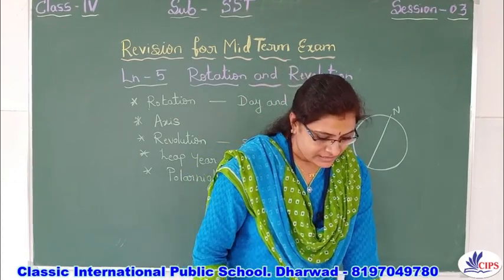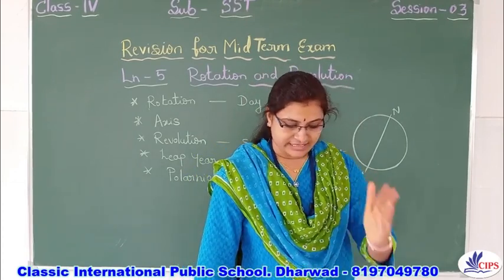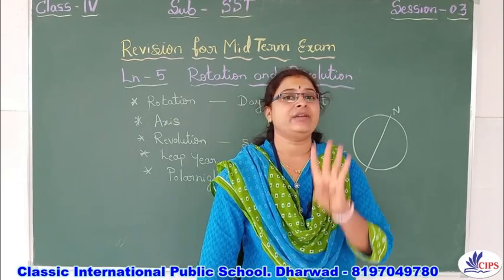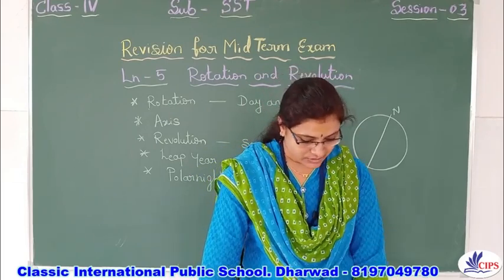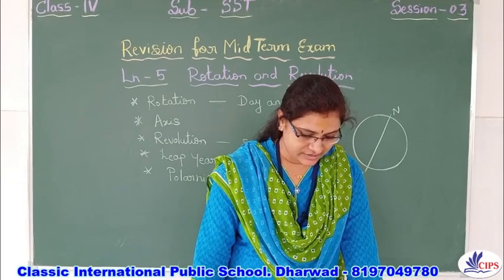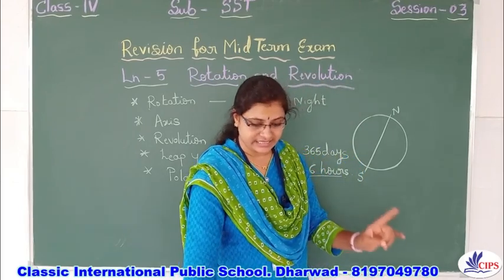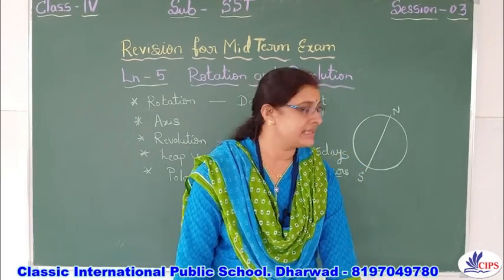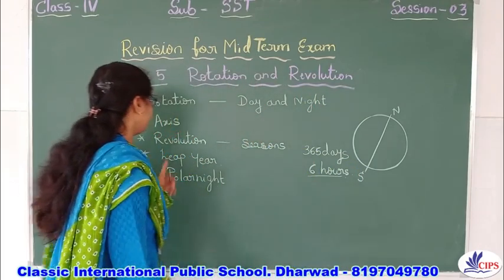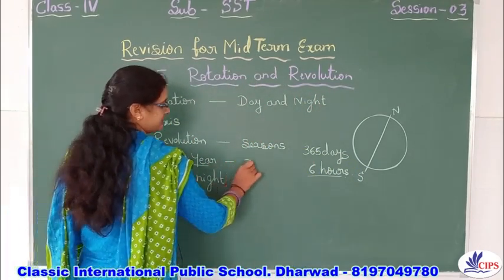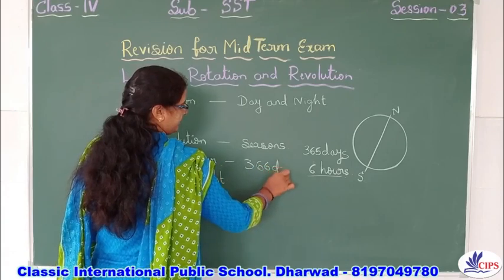That's why this extra day is added to the calendar every 4th year. Such a year which has 366 days in it is known as a leap year. In the leap year how many days, children? 366 days.